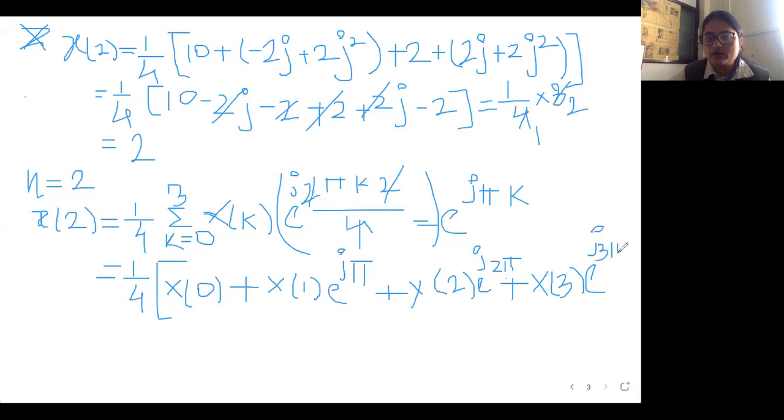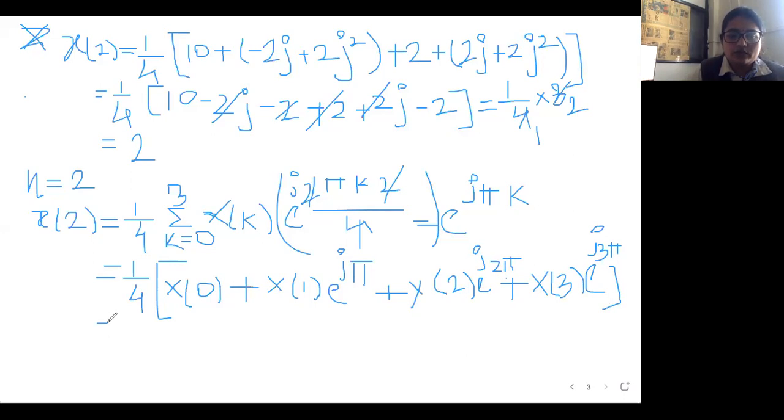Okay, and now this will be closed. So we'll substitute the values now. X of 0 we will substitute first. The value of x of 0 is 10. Next, the value of x of 1 is minus 2 plus 2j.